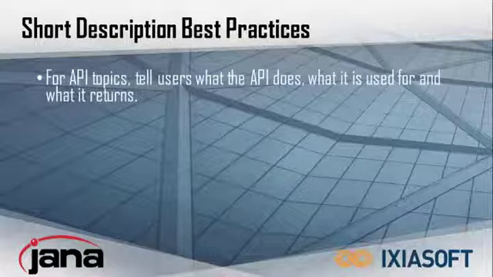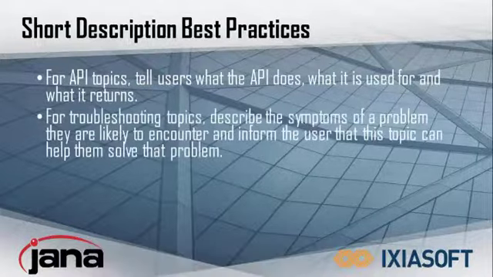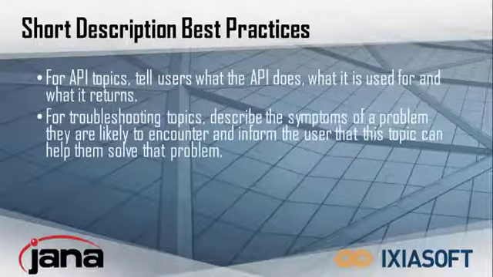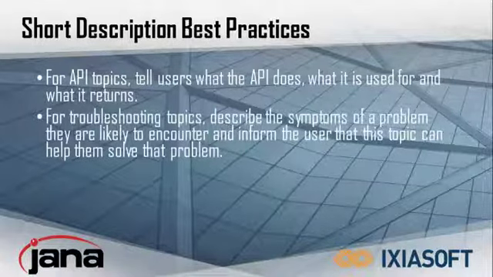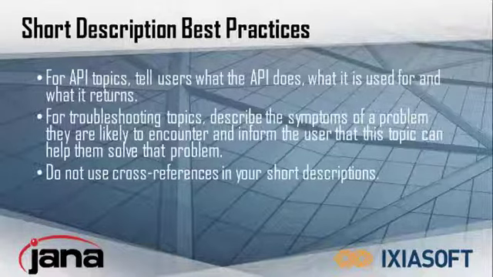API topics tell users what the API does, what it's used for, and what it returns. Troubleshooting topics should describe the symptoms of a problem that they are likely to encounter and inform them that this topic can help them solve that problem. Also, do not use cross-references in your short descriptions. Again, we will talk about this in a few slides.